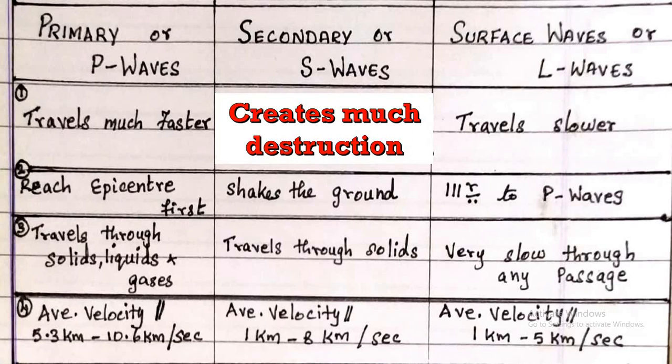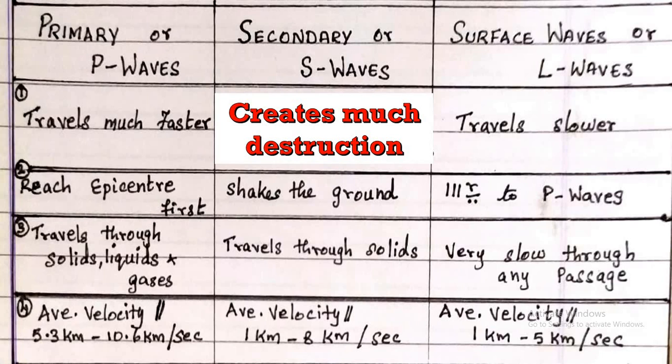The first one we are going to see is primary waves, the second one is secondary waves, and the third one is surface waves. Through this you can understand very clearly about the seismic waves, that is the earthquake waves.